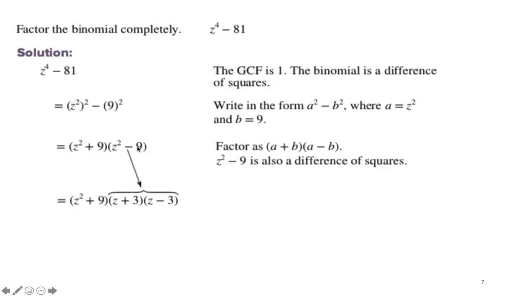We notice that z squared plus 9 is a sum of squares, which means we cannot factor it, whereas z squared minus 9 we can factor. Using the same technique, this is a difference of squares, so it becomes z plus 3 and z minus 3. So this is the full factored form of this binomial.